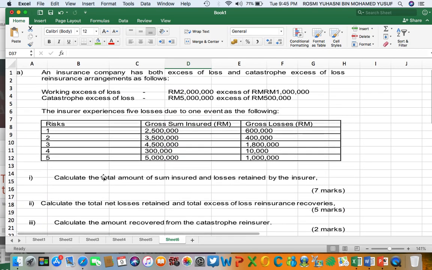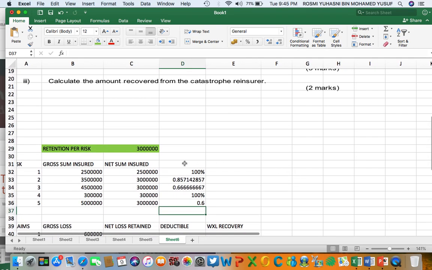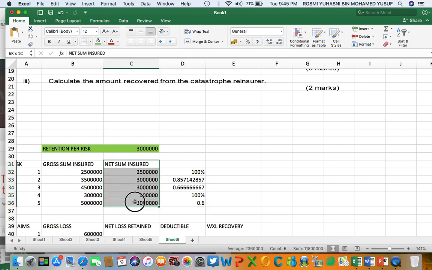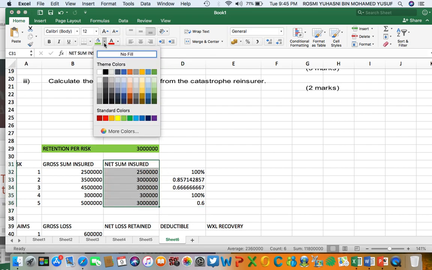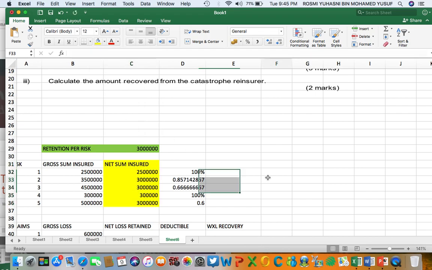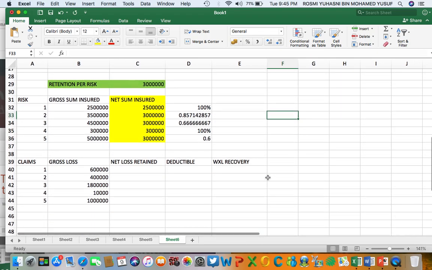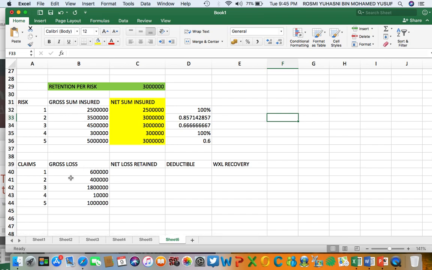The question asks to calculate the amount of sum insured and losses retained by the insurer. So the insurer is actually retaining this much, the net sum insured. Okay, now we want to calculate the losses here. How much losses are paid or retained by the insurer?